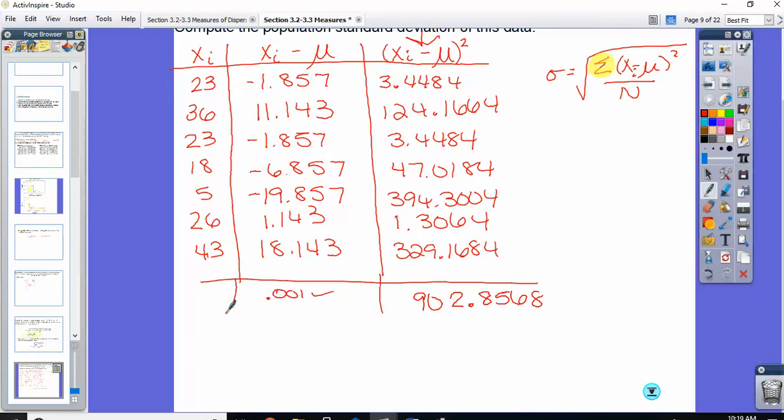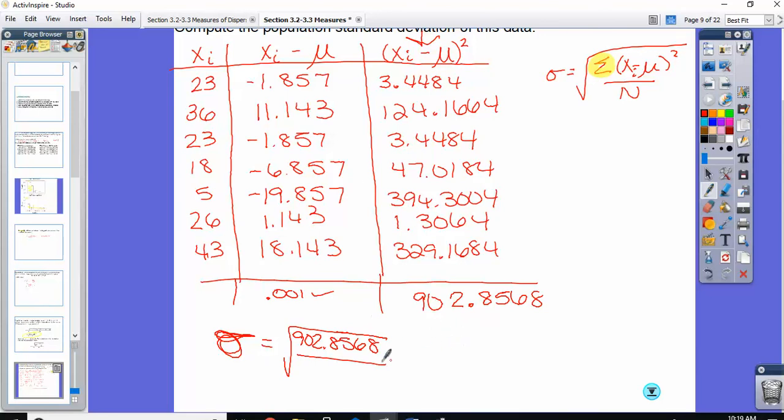Okay, so now our standard deviation, our sigma, is the square root of this sum divided by capital N. What is N going to be? N is just the number of points.